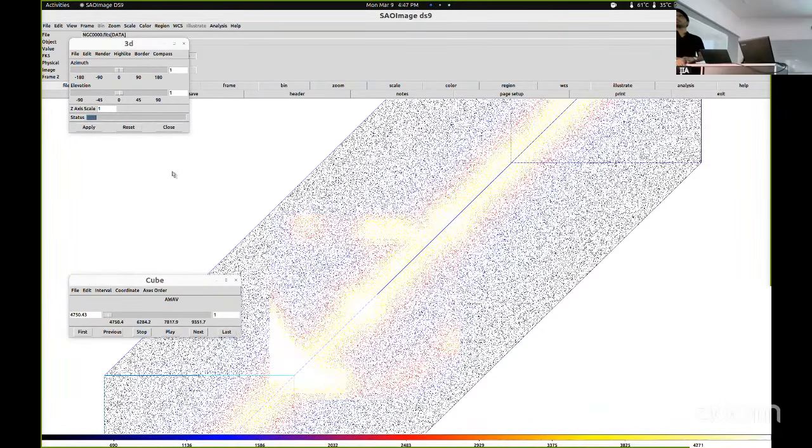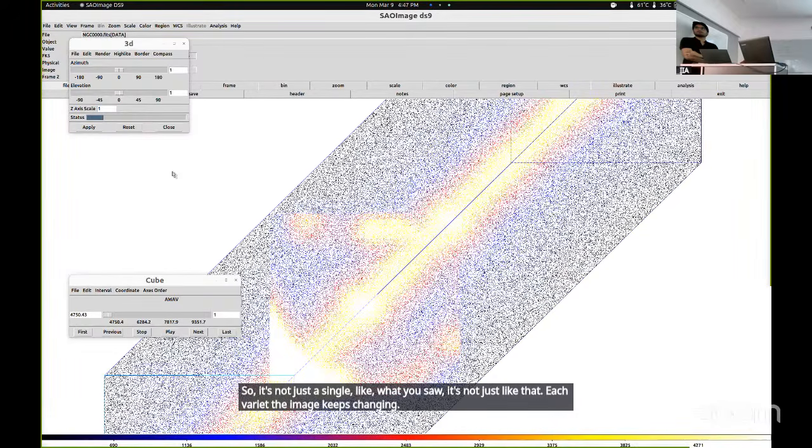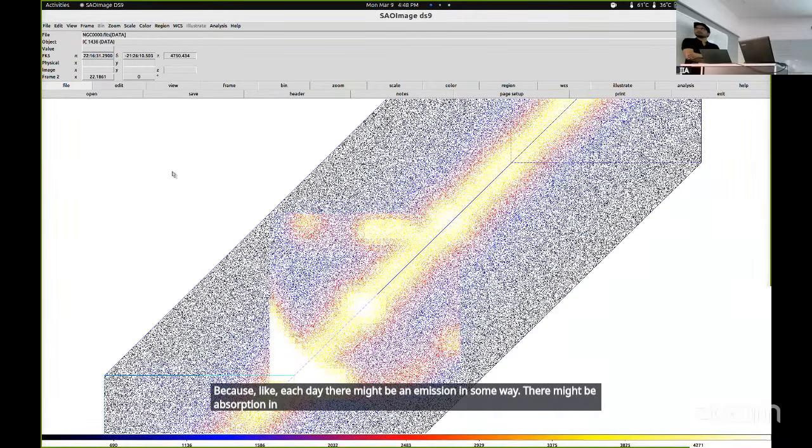It's loaded now. You can see that at some wavelength there is some information. It's not just a single image like what we saw. At each wavelength the image keeps changing, because there might be emission at some wavelengths and absorption at others, so at each wavelength we will see some kind of features.